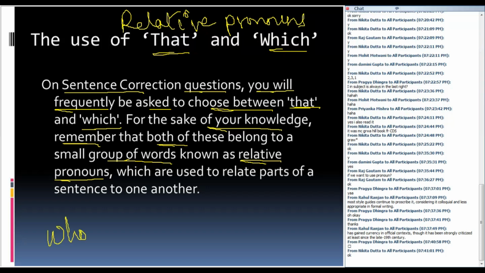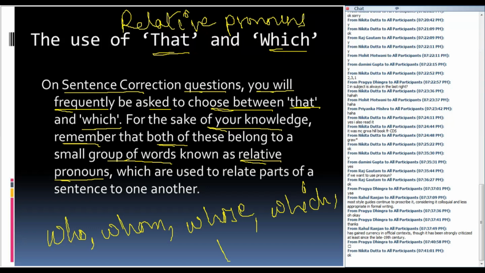There are five relative pronouns: who, whom, whose, which, and that. These five pronouns are called relative pronouns because they can be used to join two sentences. That is why these five are relative pronouns. So that and which also belong to this category.